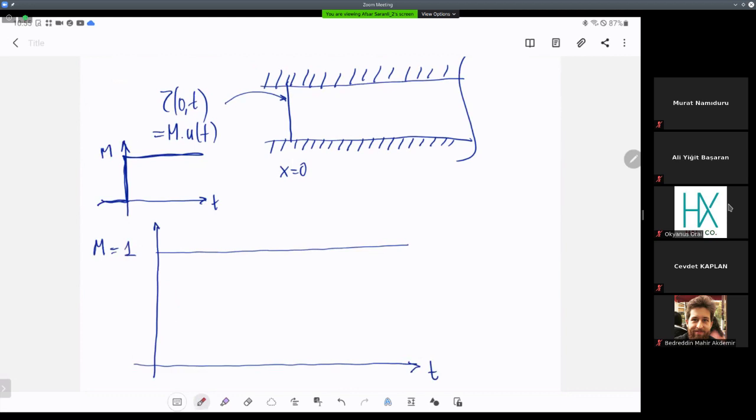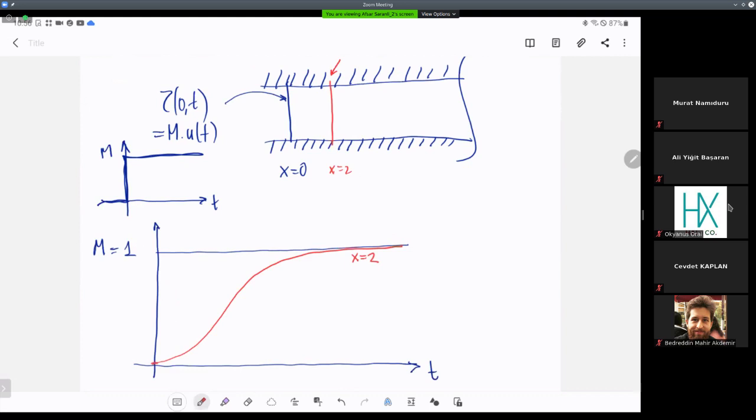For example, for x equal to 2, you will get something like this, at a particular point over here. You get this function with respect to time. So as you apply the temperature step at the boundary, very slowly the temperature at x equal to 2 starts increasing, and then slowly it resettles at the new steady state.